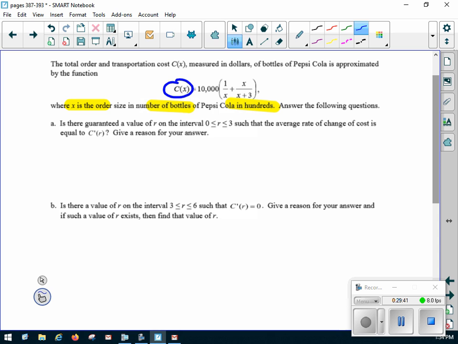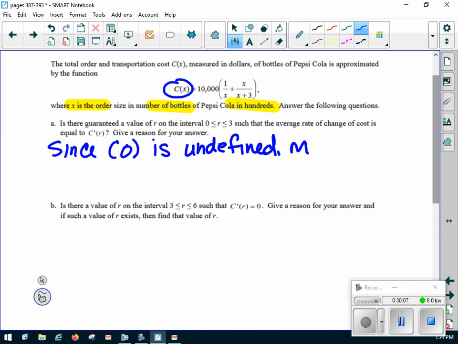The function's not continuous at 0, is it? No. So, does the mean value theorem apply? No. So you're going to say, since C of 0 is undefined, MVT does not apply.